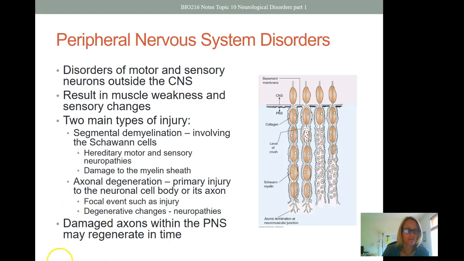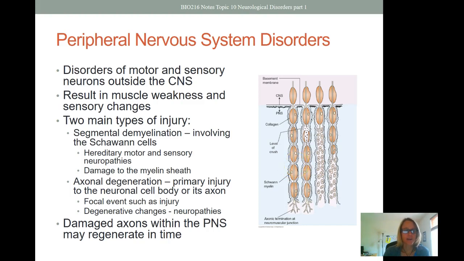Okay, let's look at some peripheral nerve disorders. These are disorders of the motor and sensory neurons outside of the central nervous system, and these are going to result in muscle weakness and sensory changes. There are two main types of injury: segmental demyelination, which involves the Schwann cells, and there are some hereditary motor and sensory neuropathies, or this can also occur with damage to the myelin sheath.